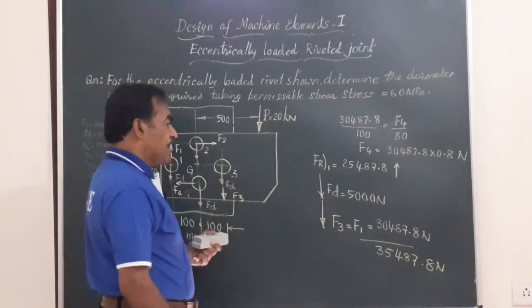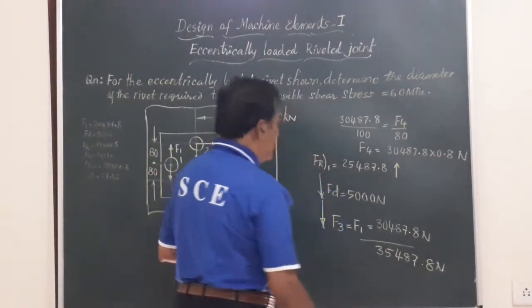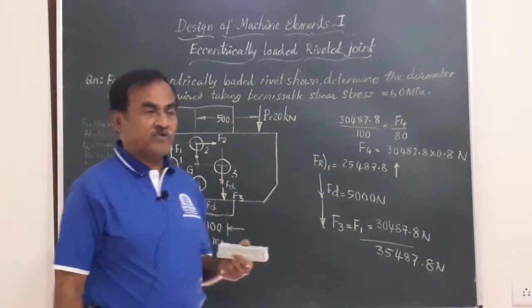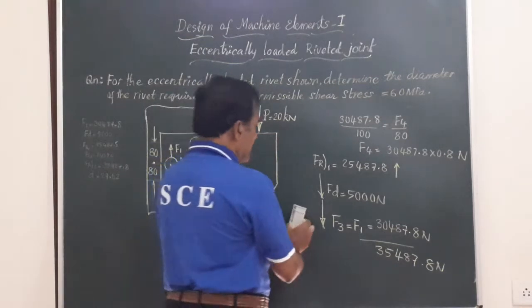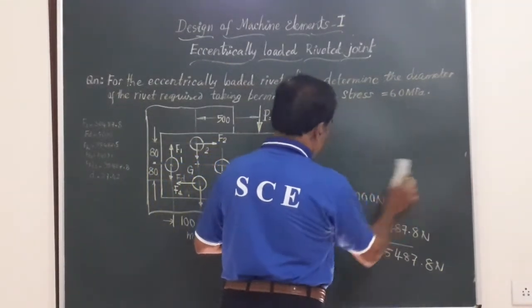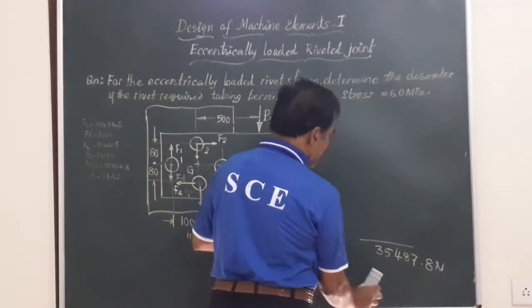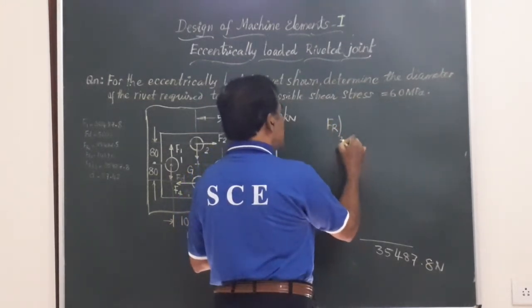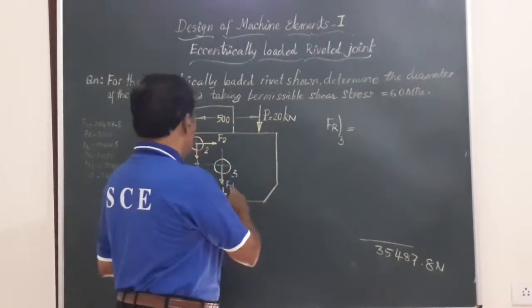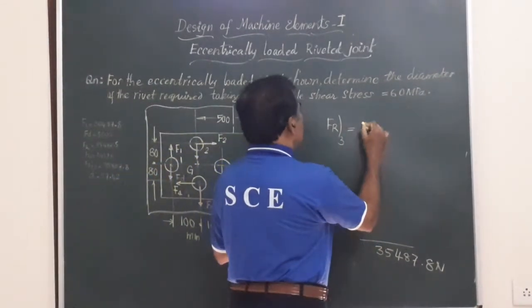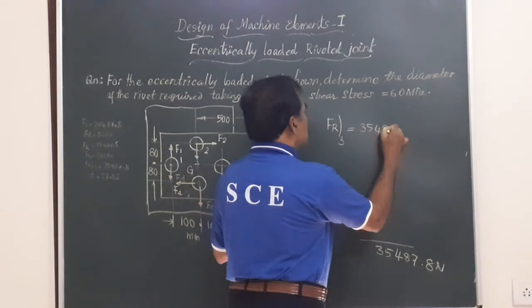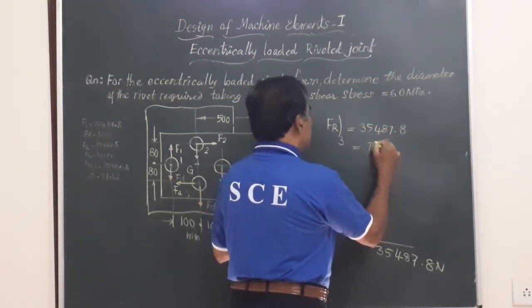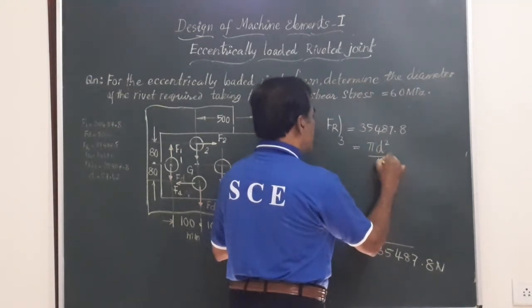Amongst these 4 rivets, rivet number 3 is heavily loaded or critically loaded, and hence I am going to equate this value of the resultant load at rivet number 3 to the resistance offered by the rivets for shearing. So Fr3, the load on the critically loaded rivet, is equal to 35,487.8, which is equal to pi d square by 4 into 2 into tau.